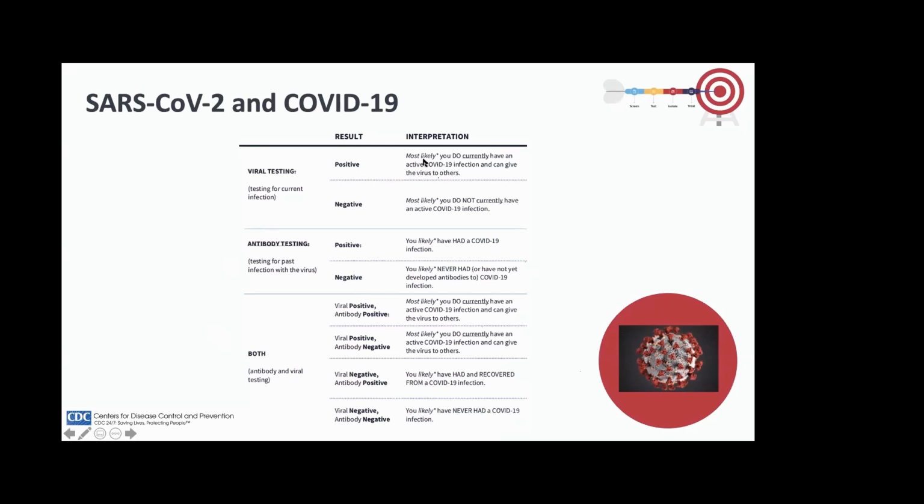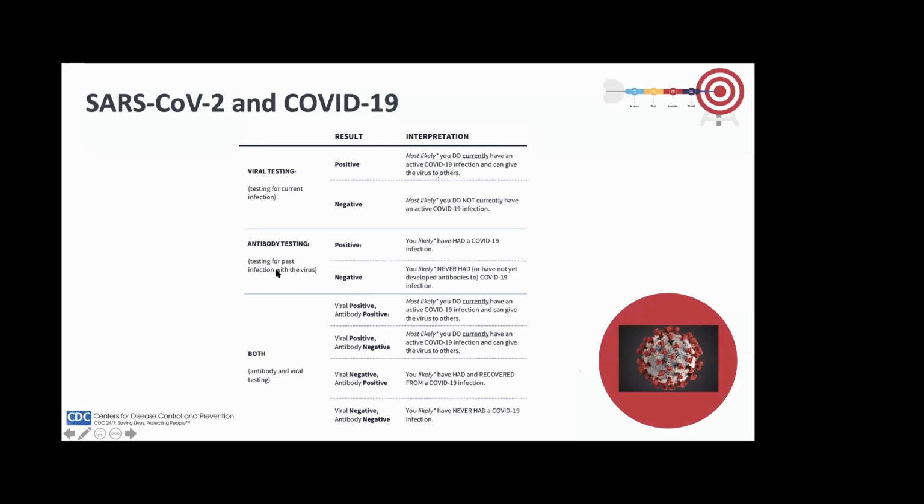If it's positive, most likely you have a current infection, and this person is shedding the virus. If it's negative, most likely the person does not have a current infection. Maybe he had an old infection, and now the PCR is turning negative if they have milder symptoms.